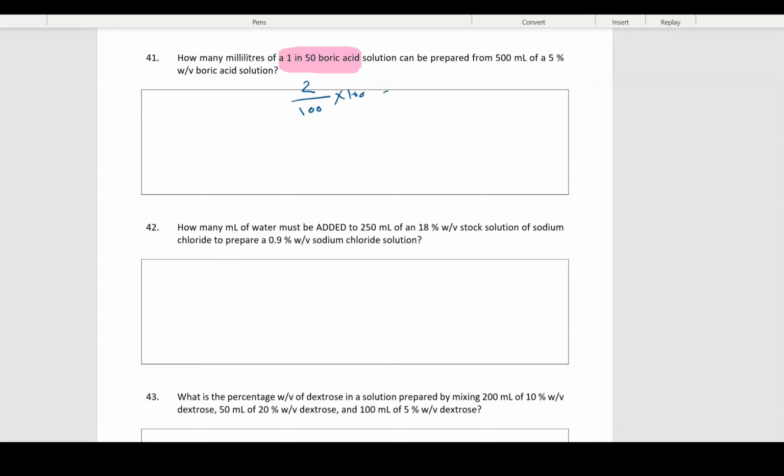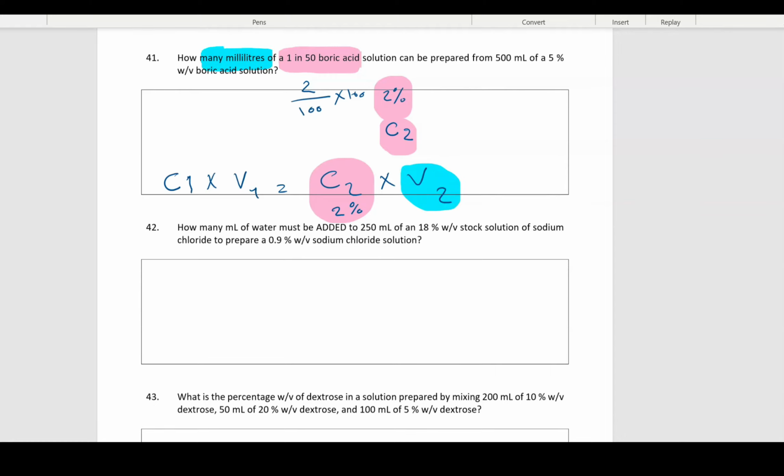Multiplied by 100, you get 2%. So our C2 is 2%. Using C1 times V1 equals C2 times V2, and how many milliliters? That's our V2. We don't know how much it is.